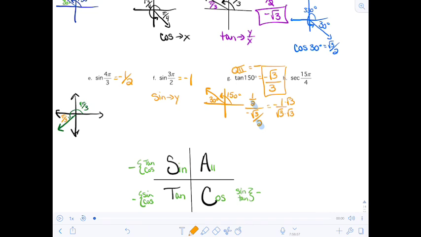Okay, and lastly, the secant of 15 pi over 4. Wow, 15 pi over 4. So the very closest to halfway around or all the way around, if we count by pi's, remember, how do we know where this is?